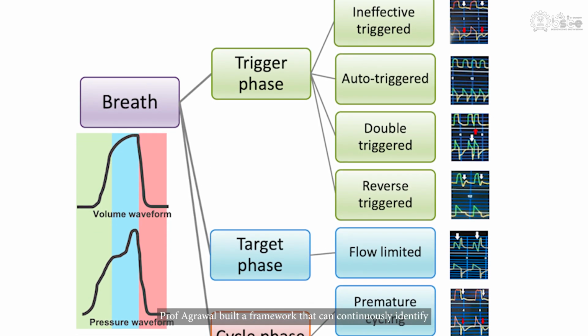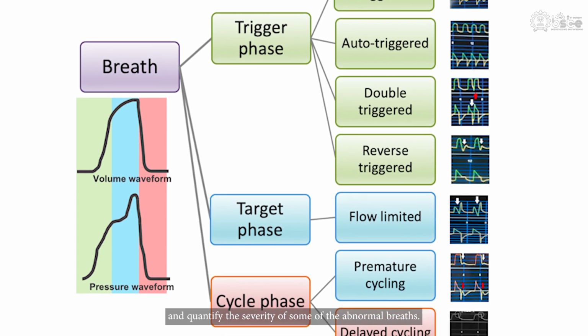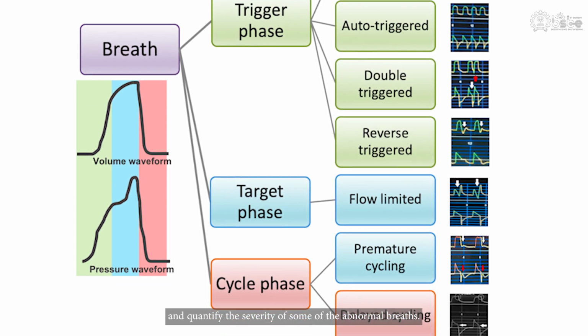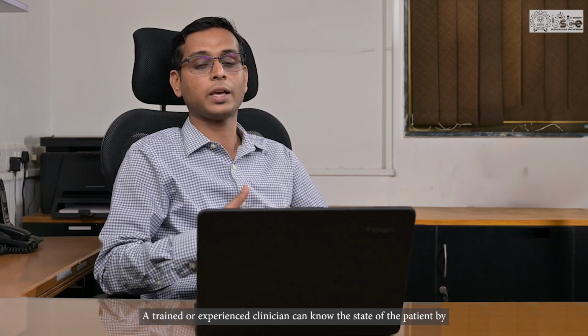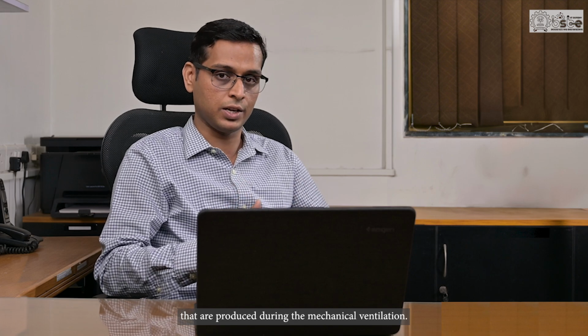Professor Agarwal built a framework that can continuously identify and quantify the severity of some of the abnormal breaths. A trained or experienced clinician can know the state of the patient by examining the waveforms that are produced during mechanical ventilation.